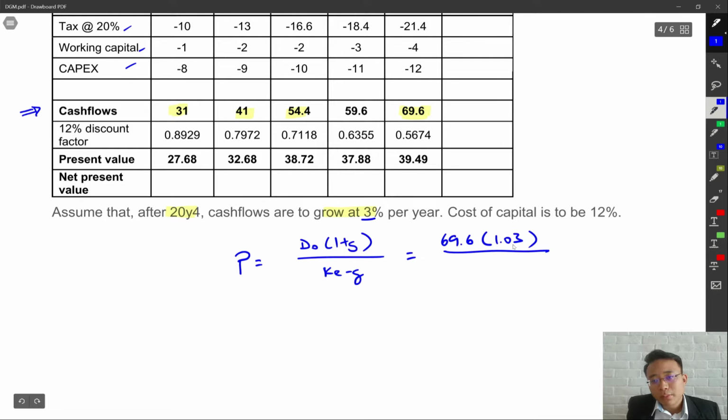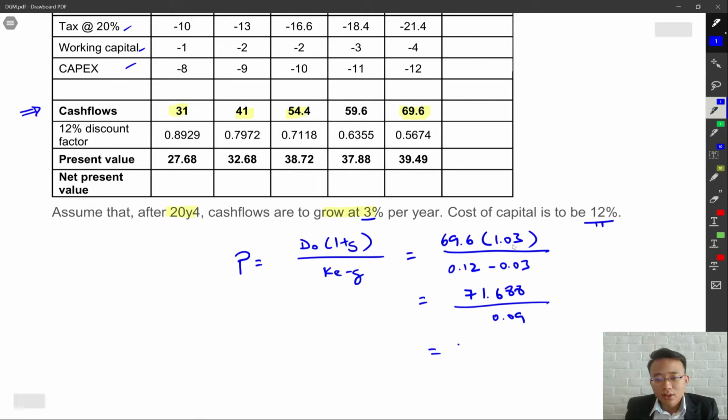And my cost of capital, or your KE for this question, is 12%. You minus the growth. So here, let's work it out. 69.6 times 1.03 works out to 71.688. And I divide by 0.09. So what I have will be 796.53.